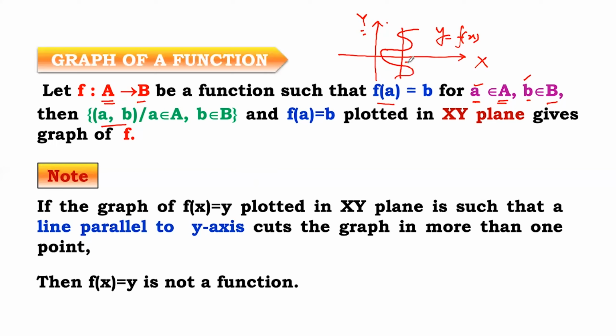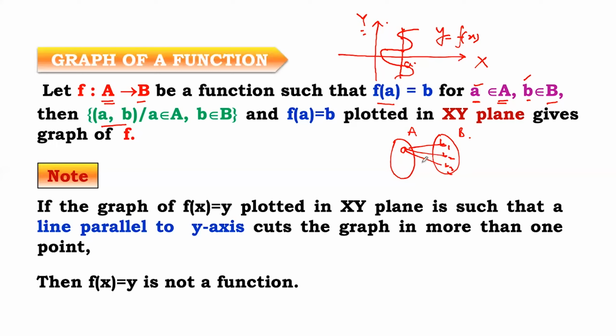See, for a single value, let's say A, we're getting B1, B2, B3, B4, B5. Means if this is a set A and there is a set B, from A to B, for any value A you are getting B1, B2, B3, B4, and so on.